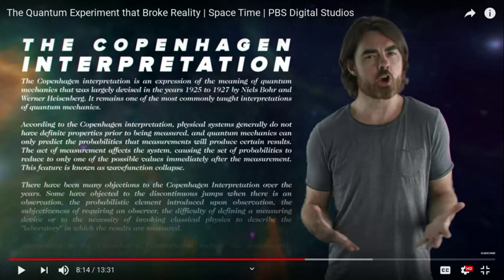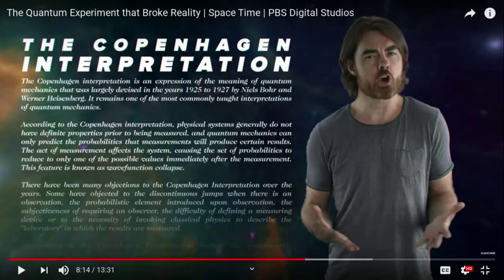The act of measurement affects the system, causing the set of probabilities to reduce to only one. I got the answer. Prester John must be a hijack. I got the answer. Prester John must be this. Man, you're reducing an investigation to one possible value.